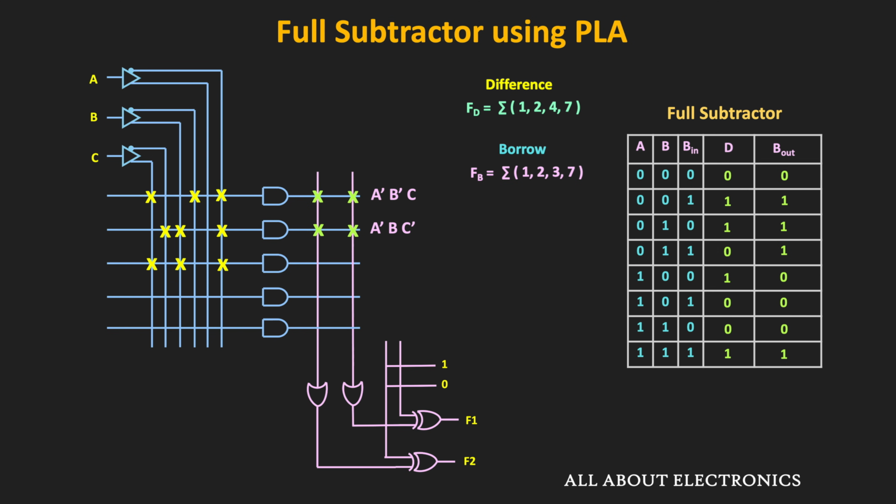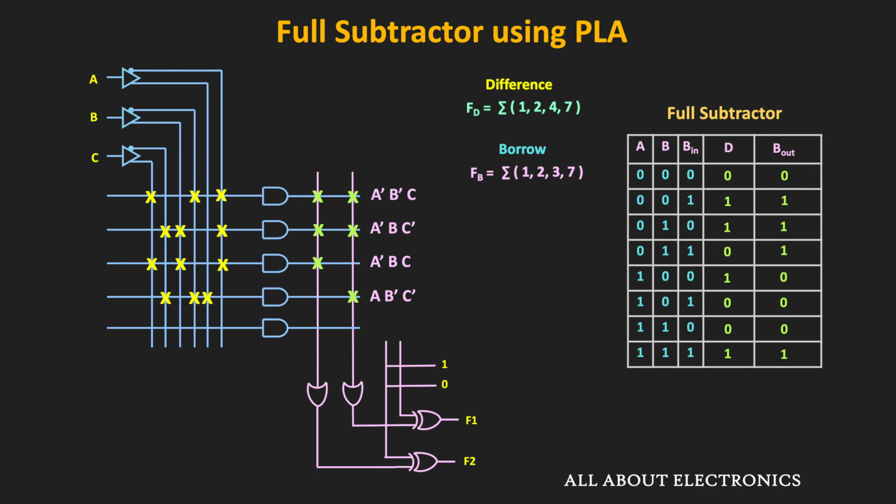And now this product term corresponds to A bar B C. So this product term is only required by the borrow output and that is why it is only connected with one OR gate. Likewise, the fourth required minterm is minterm M4 and that corresponds to A B bar C bar. So this product term is only required by the difference output and that is why it is only connected with one OR gate.